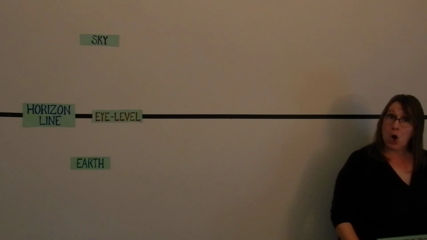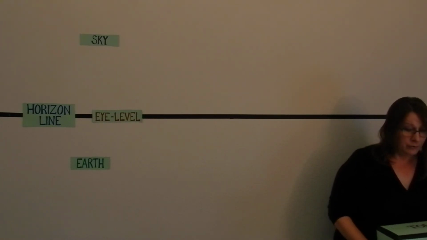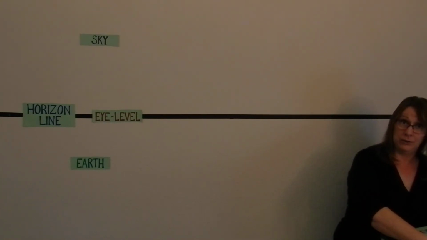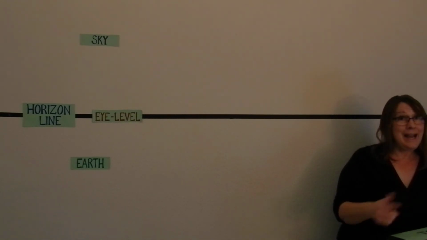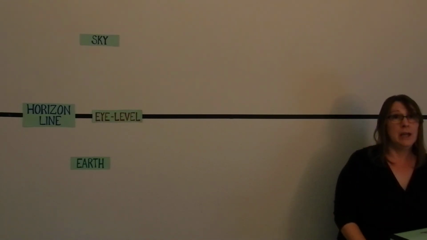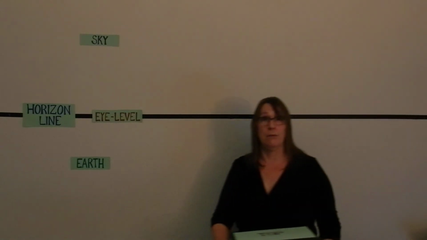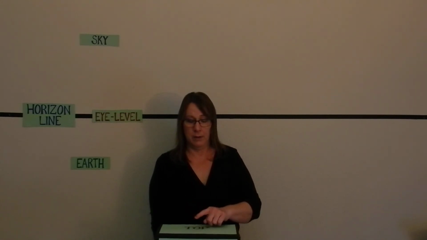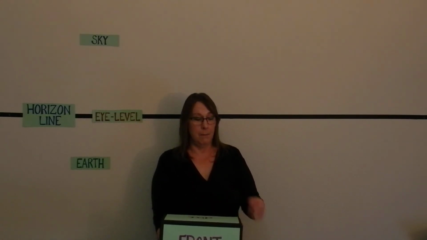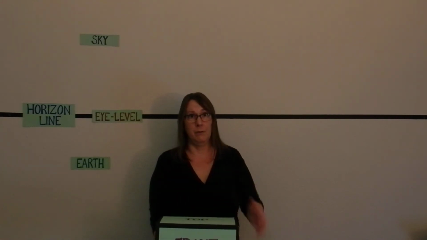If it is below eye level, you will notice I can still see the front of the box, but now I can see the top of the box and the side of the box. If it is directly in front of the viewer, you would be able to see the front of the box and the top of the box, but you would not be able to see the sides of the box.